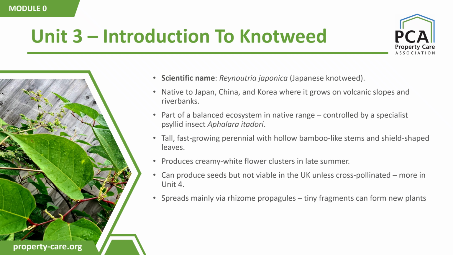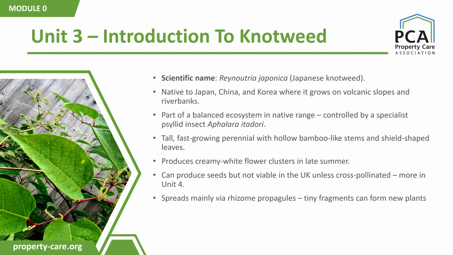Japanese knotweed, or Reynoutria japonica, is a member of the buckwheat family. It is native to Japan, China, and Korea, where it thrives in habitats such as volcanic slopes, riverbanks, and other areas of disturbed ground. In its native range, it is part of a balanced ecosystem and is naturally controlled by several factors.